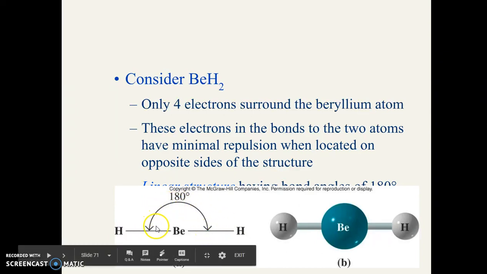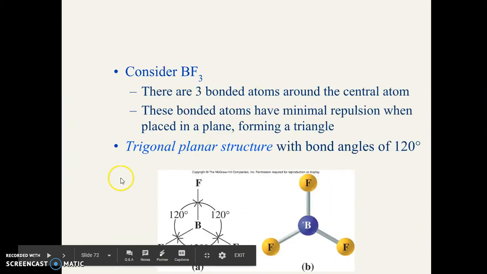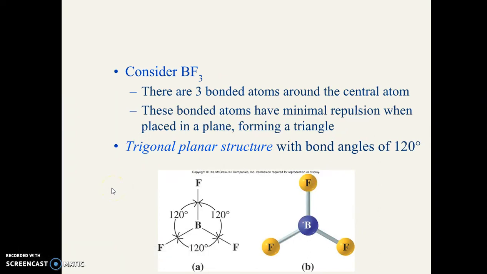So generally, whenever you have a compound that has one central atom and 2 atoms bonded to the outside of it, it's going to form this linear structure. The next type of structure is called trigonal planar. If we look at BF3, you have one central atom and 3 bonded atoms around it, and they are going to spread themselves out.